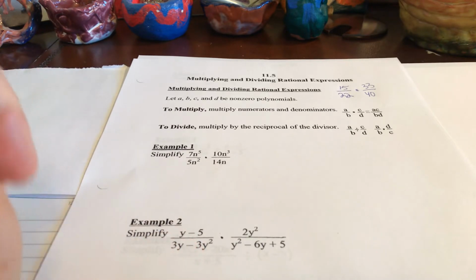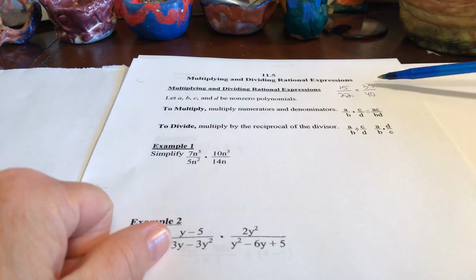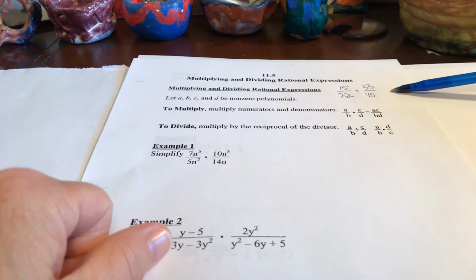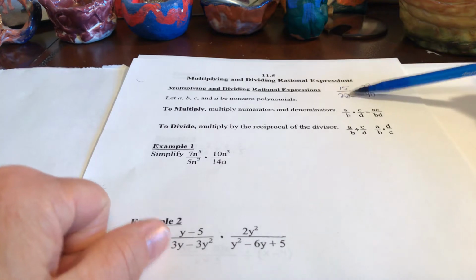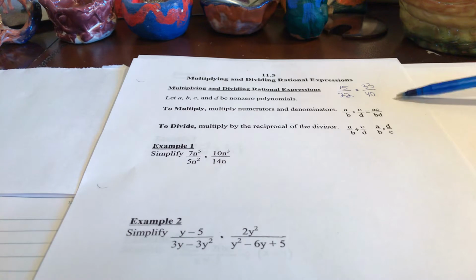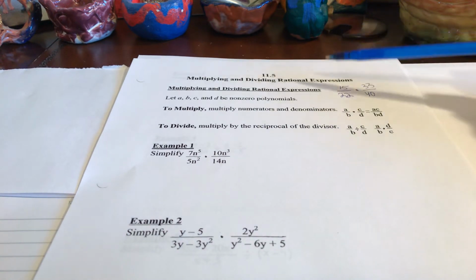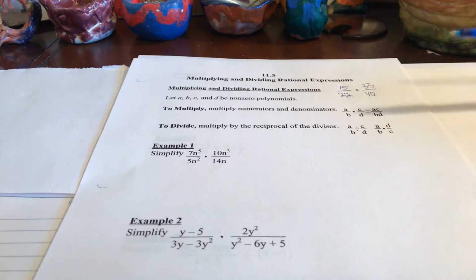Okay, so if you are going to multiply fractions, the basic rules are you can multiply straight across the top, write your fraction bar, and multiply your 22 by 40 to get your denominator. However, it's a lot easier when your numbers are a little larger or when your expressions are rational expressions to cross off common factors.